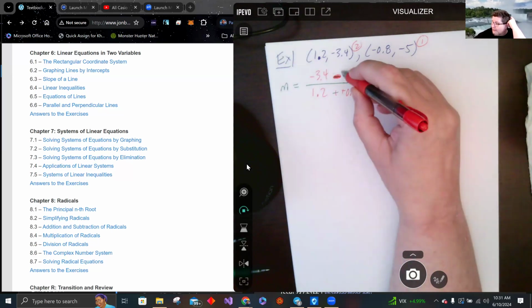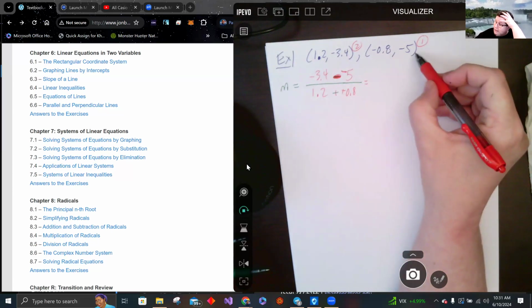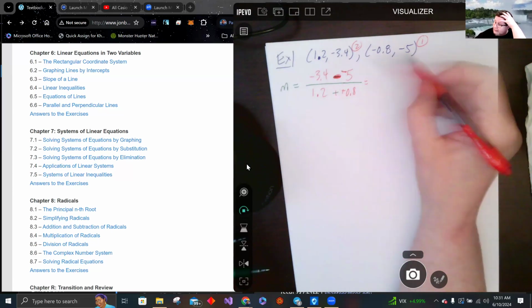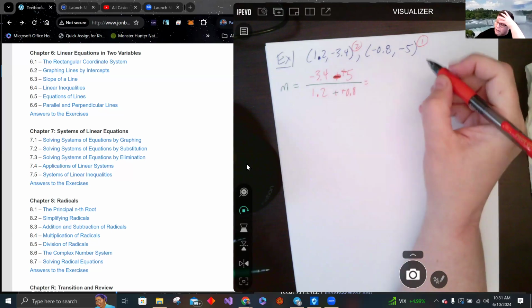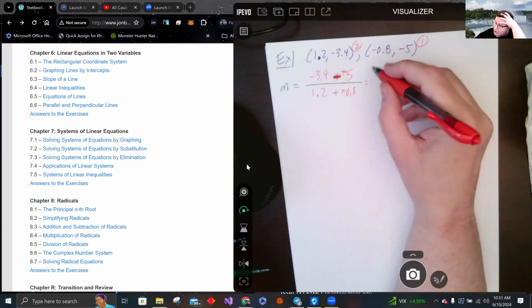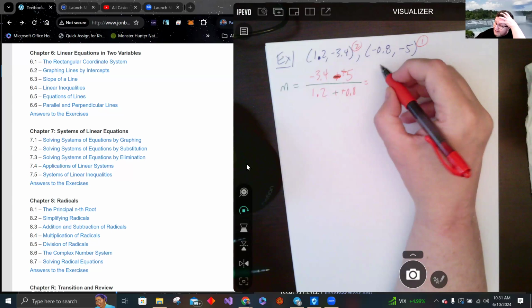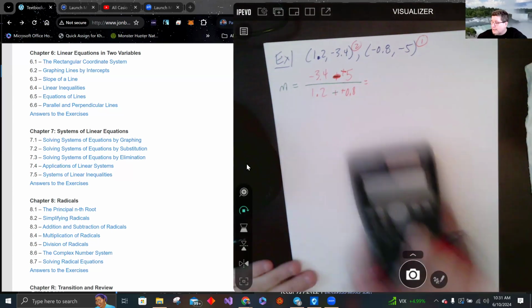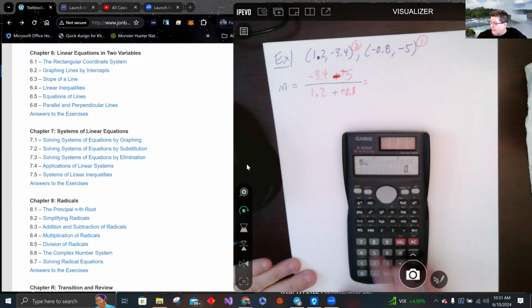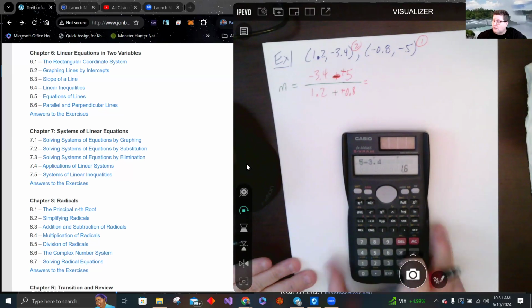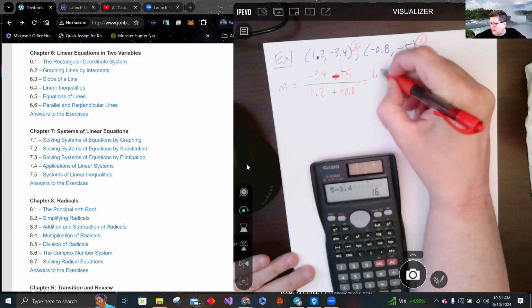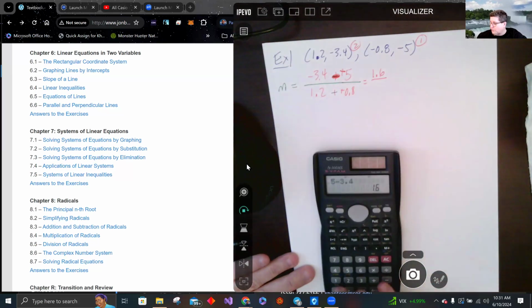No, that was a -5. Y1, yeah, that does turn into a plus. Okay. So -3.4 plus 5, that should be 1.6, but I'm going to make sure. And the bottom is 2.